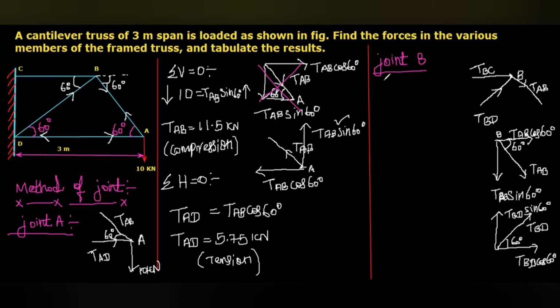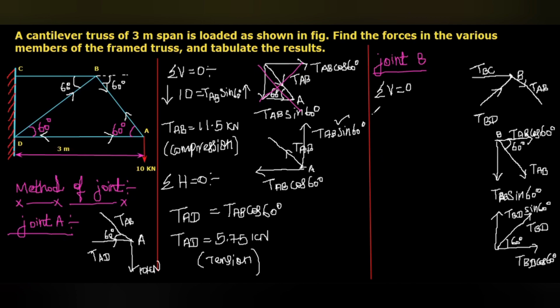Now, if you analyze the summation of the vertical forces equal to 0, the TAB sine 60 is a downward force. TBD sine 60 will be an upward force.